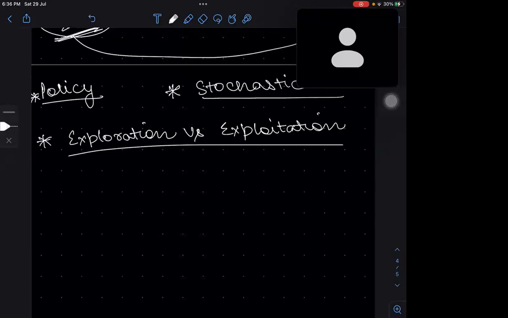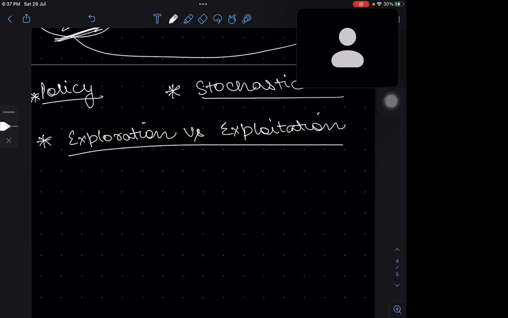That is why we have to keep the balance between exploration and exploitation. We have to exploit: I know this is the best one, I have to go there. That is exploitation. But I also have to explore other ways from which maybe I can get a better reward. So this is the difference between exploration and exploitation.